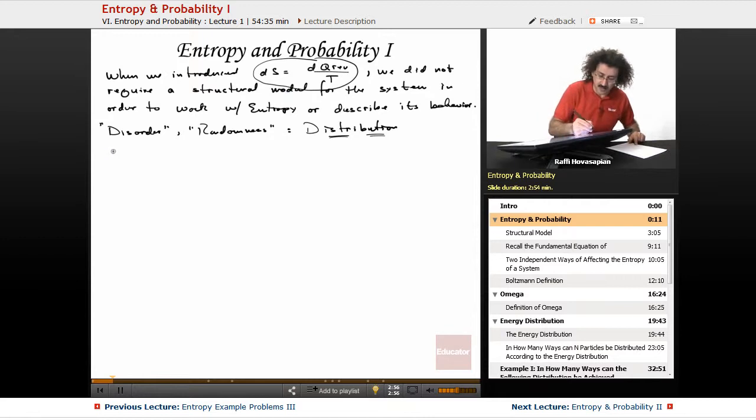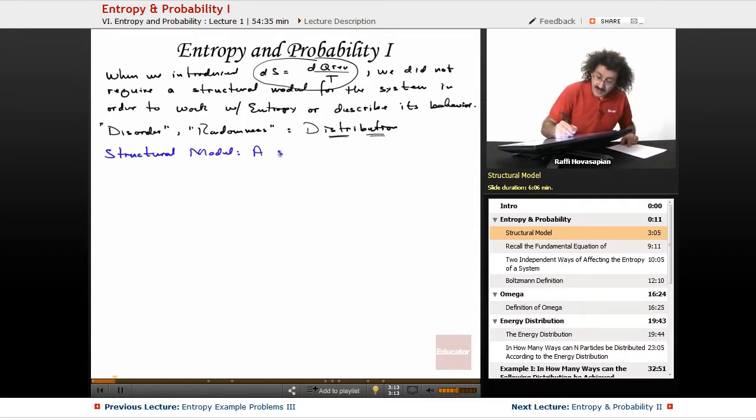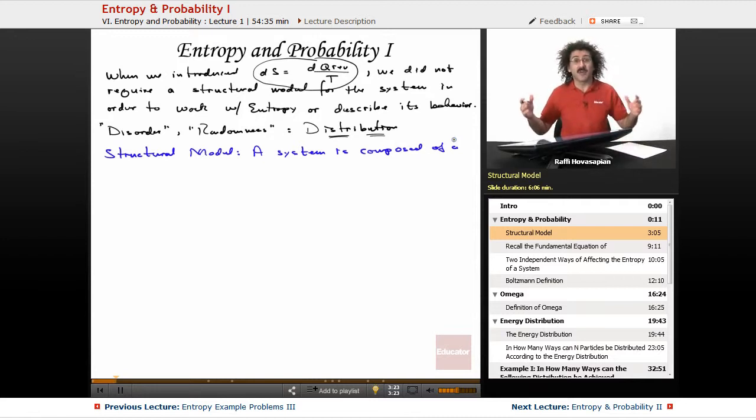So here is our structural model. Actually, I'm going to do this in blue. Our structural model is exactly what you think it is. A system is composed of a very large number of particles.